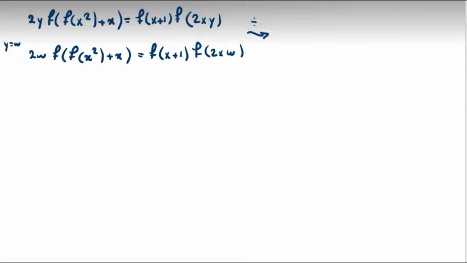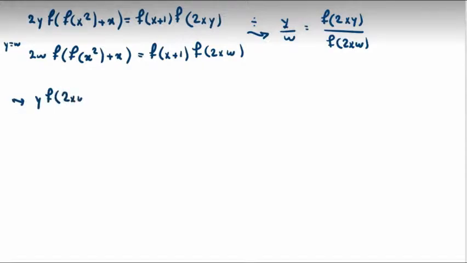And why can we do this? Because y, w, and f of them are positive integers. They are not zero, so it's possible to divide. If you divide, left hand side will be y over w. Right hand side is f of 2xy over f of 2xw. So here, if we cross multiply, y f of 2xw equals w f of 2xy.